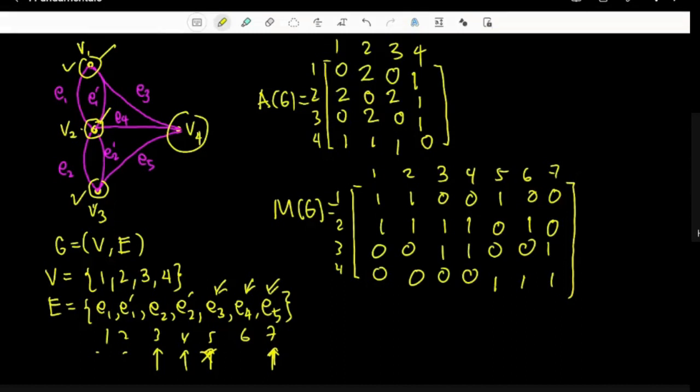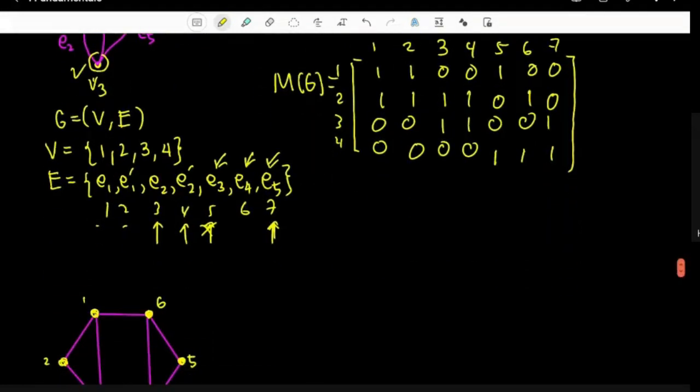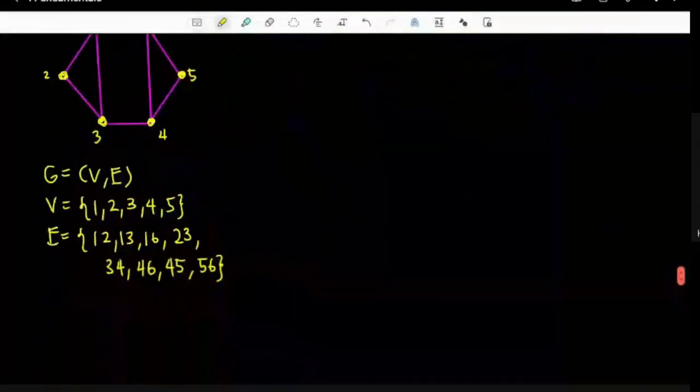Dapat, kung given yung graph visually or as a set, dapat kaya mong i-construct yung adjacency tsaka incidence. Kung given yung adjacency tsaka incidence, dapat kaya mong i-construct yung graph mo. For example, mamaya natin yan. For example, let's have the adjacency matrix this way.